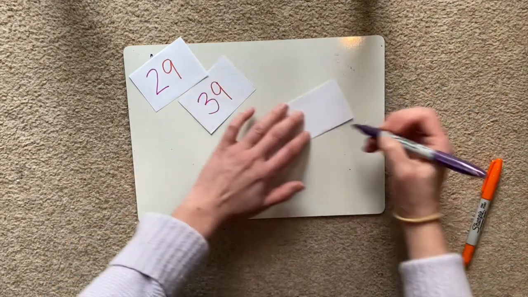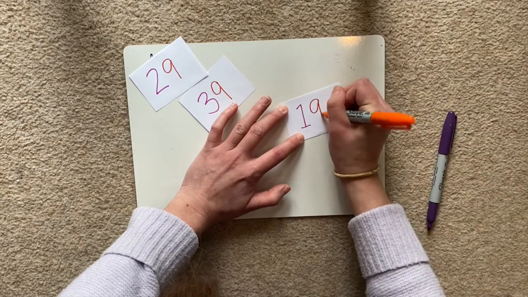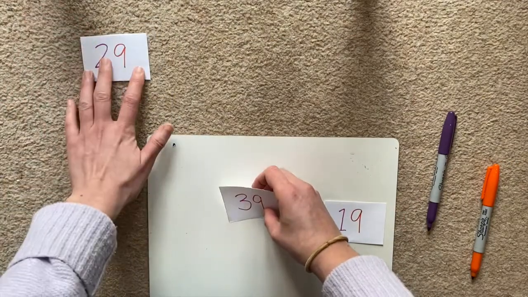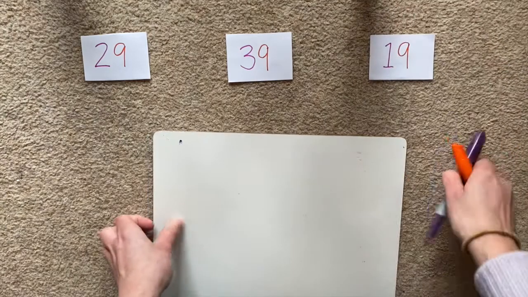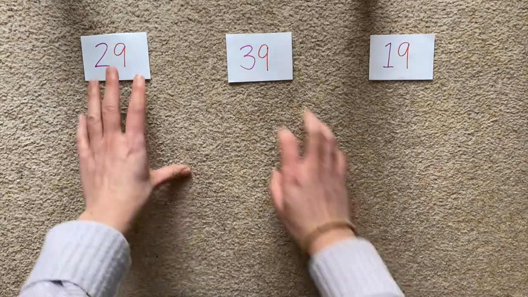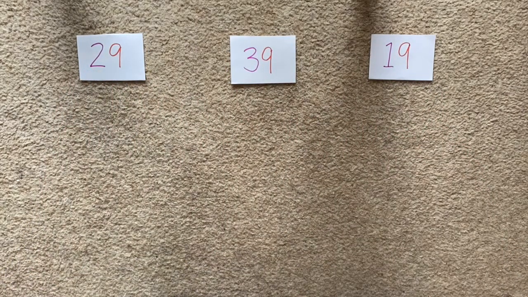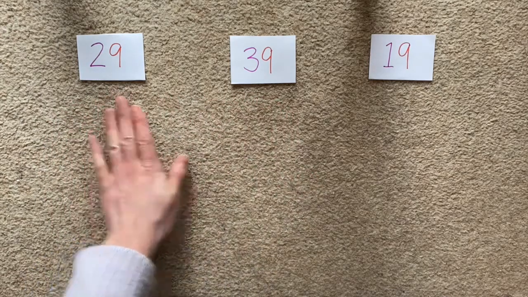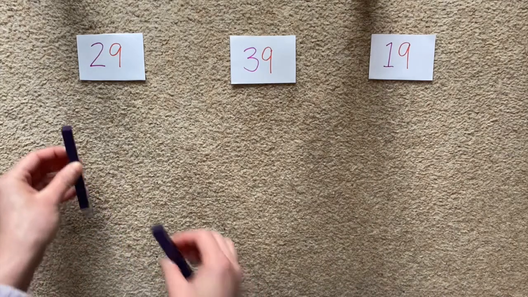And last is 19. So we're going to put them 29, 39, 19. Next step is you're going to put the Deans under each number. So pause the video and do that now. Independently put the Deans that match each number, and press play again when you're ready.